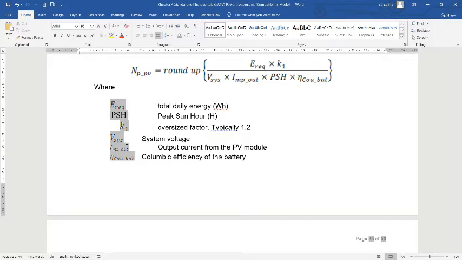If the battery is lead acid, the Coulombic efficiency is 90%, but at a slow charge rate it probably reduces to 70%. However, the Coulombic efficiency varies depending on the charge rate, the temperature, and the age of the battery.